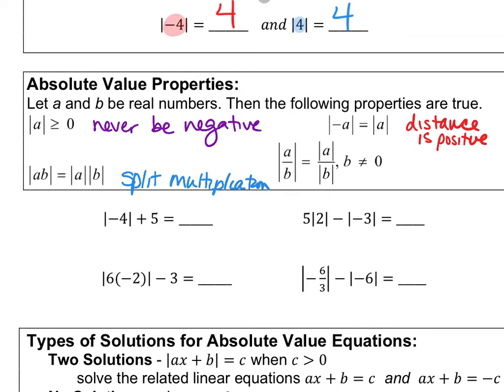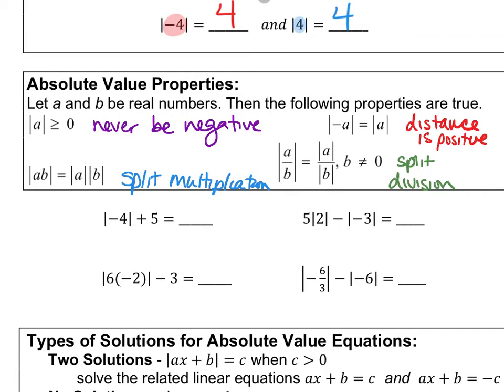And the other one basically just says we can split division by the bar and take the absolute value of the numerator and the absolute value of the denominator separately, and we get the same number. These are just properties of numbers, the same as we could do with positive and negative numbers. Absolute value numbers have properties.